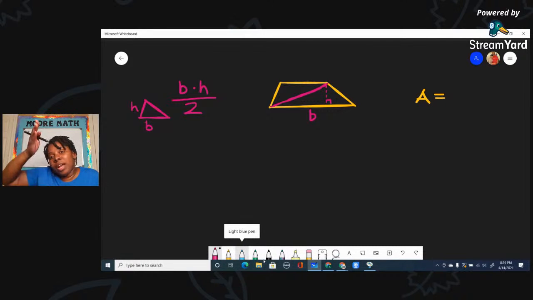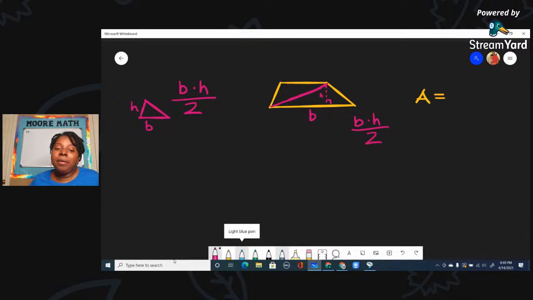How tall is this triangle? This purple line is not the height. It's just a slant. The yellow line is not the height. The height has to be drawn in. So here's the height. For this triangle, we have the area base times height divided by 2.